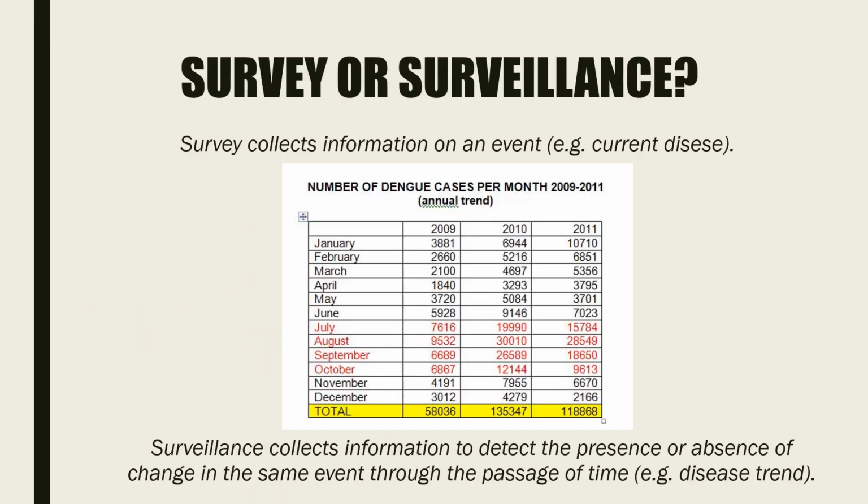So is this a survey or surveillance? A survey collects information on an event, as mentioned in the previous slides. Surveillance collects information to detect the presence or absence of change in the same event through the passage of time. So this one would also be surveillance since it looks at changes from 2009 to 2011 for number of dengue cases per month.